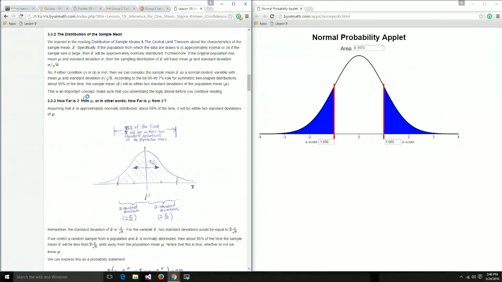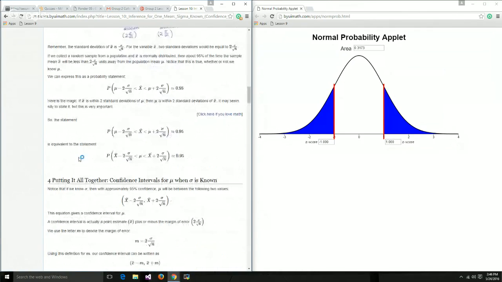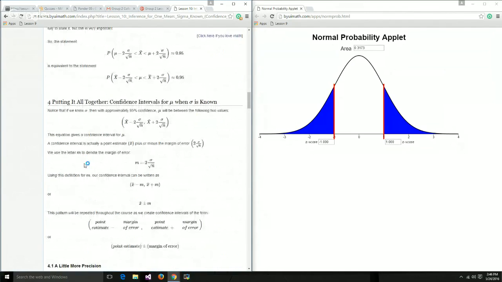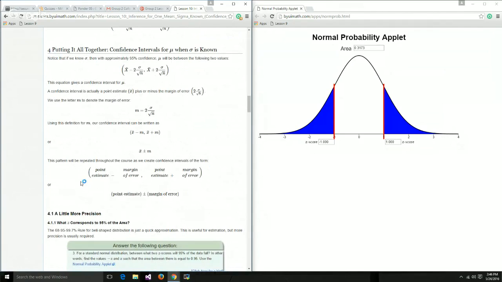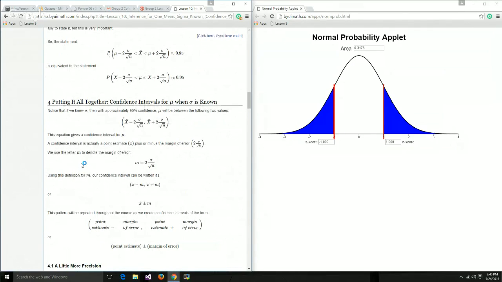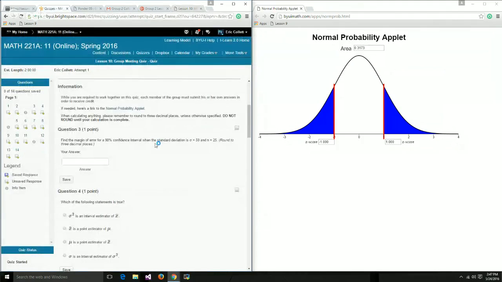I'm just looking through this really quick again. Okay, I think you're right, because I think this is the z-score. So you found the z-score for 90% first?